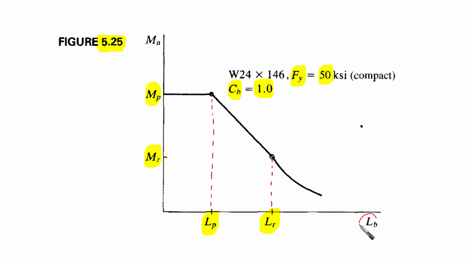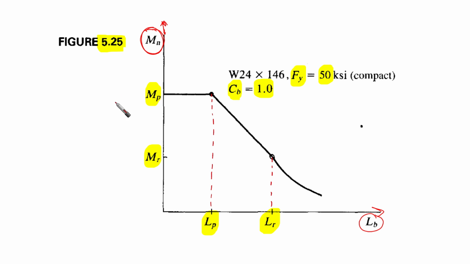Commonly on the horizontal axis we have the unbraced length, Lb, and on the vertical axis we have the nominal flexural strength, which is Mn. And you are going to find a curve like this here.